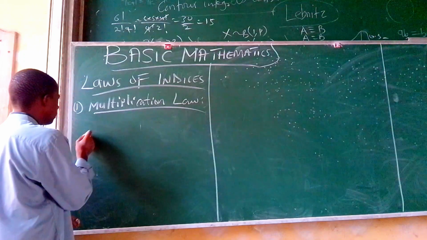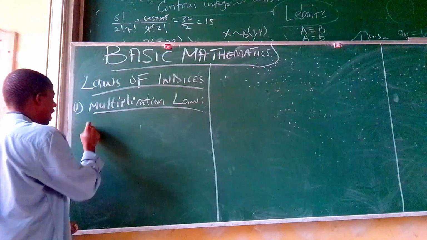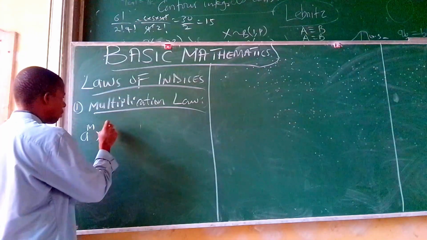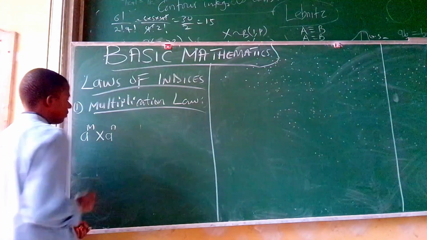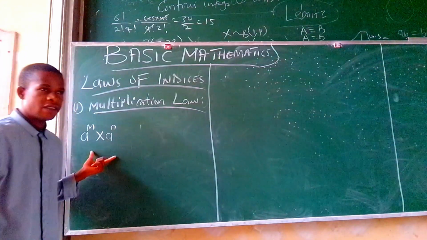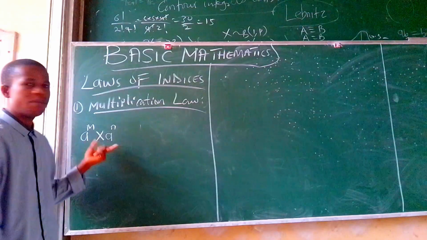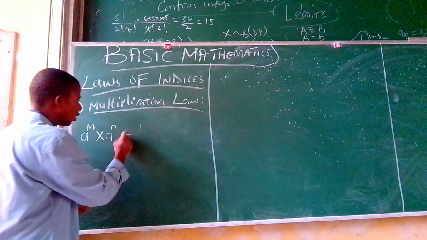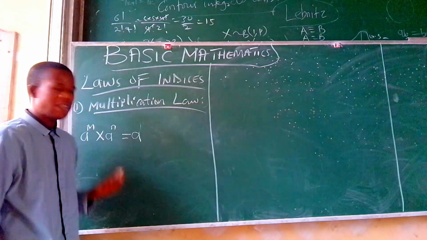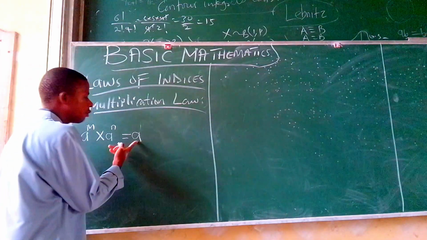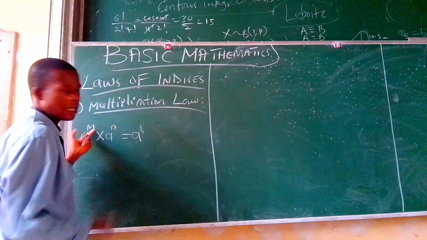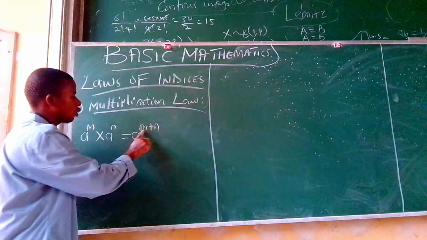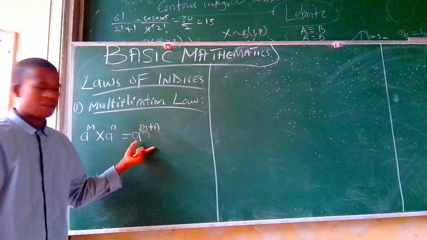If we have a base A raised to the power of m times that same base A raised to the power of n, the law says that since they have the same base, A and A, we should take only one of the base, since they are the same, and then add their powers together, which is m plus n. This is called the multiplication law of indices.